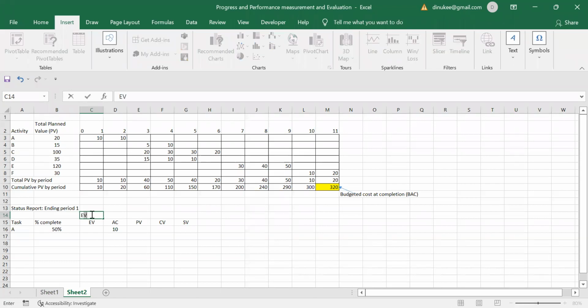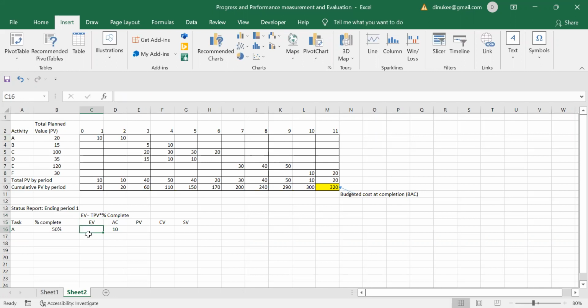The earned value can be calculated by getting the total planned value and multiplying it by the percentage complete. This is the equation that you have to use when calculating the earned value.